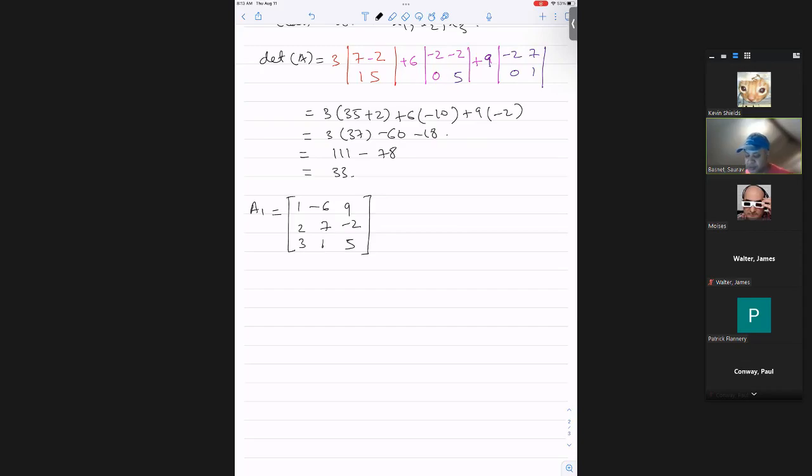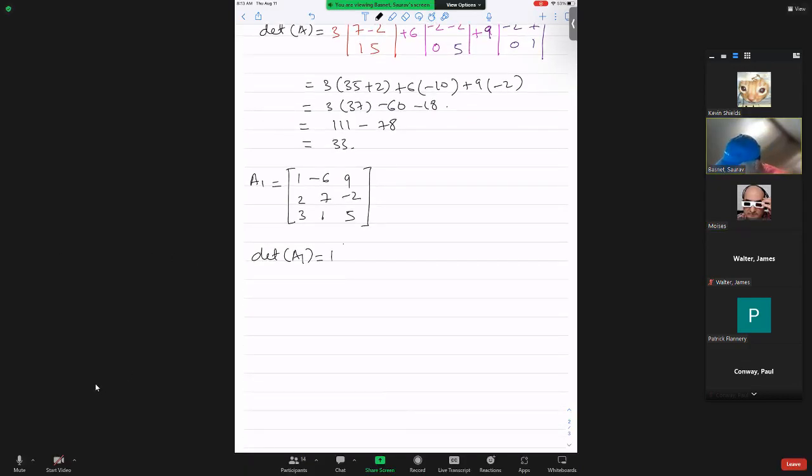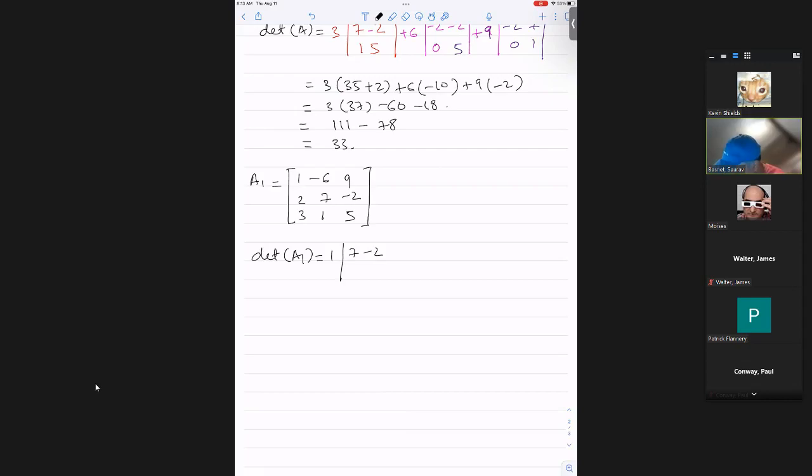Are you guys following me? Yep. Now we find the determinant of A1. It is the same thing. 7, -2, 1, minus plus 6, 2, -2, 3, 5, and plus 9, 2, 7, 3, 1.